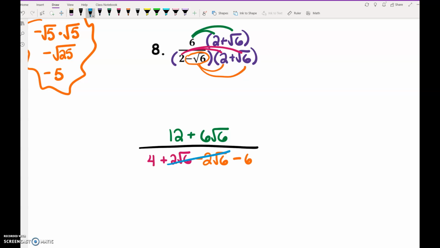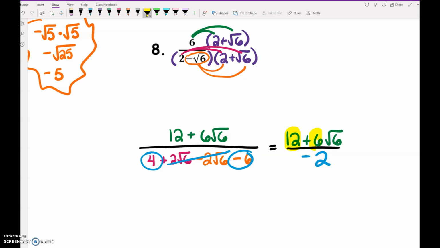Okay, these middle two cancel, and we have 4 minus 6, which is negative 2. On the top, we have 12 plus 6 square root of 6. I would consider this answer to be mostly done and mostly correct.